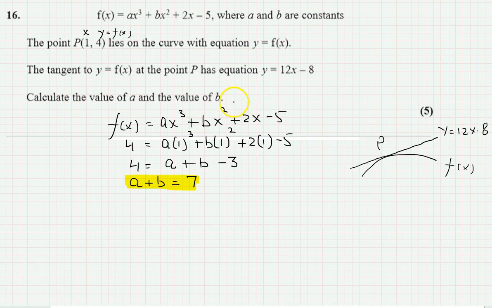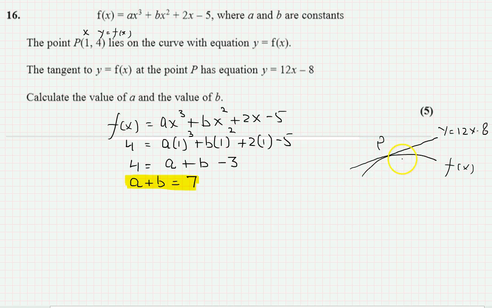Calculate the value of a and b. Okay, first relation of a and b is this. That is we got from here. Now we have to get another relation from this. That P is here.